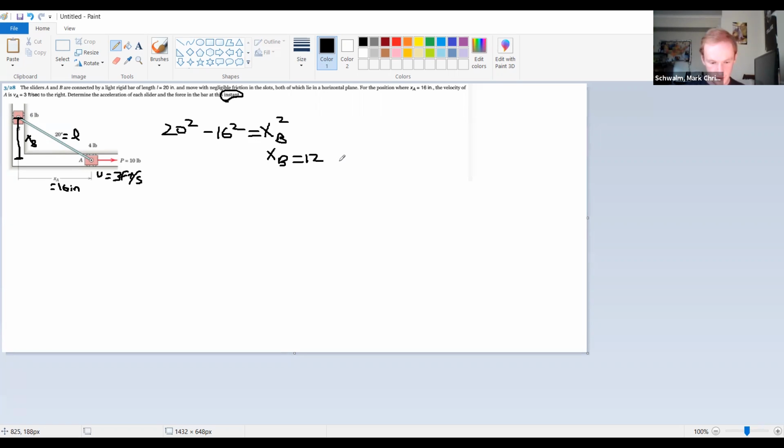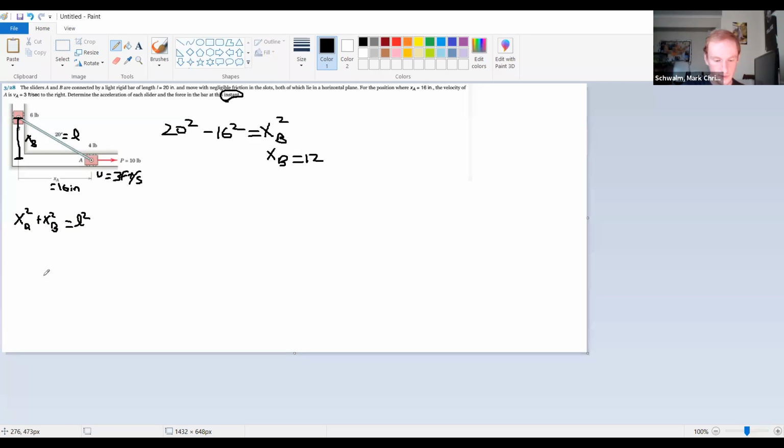So I'm just going to write all the formulas. We have x squared a plus x squared b equals L squared. So that's our position formula.